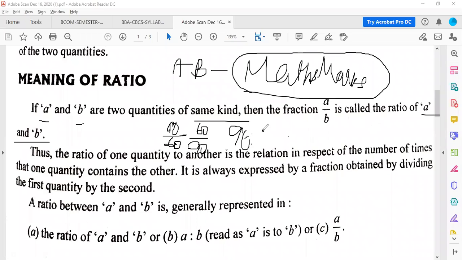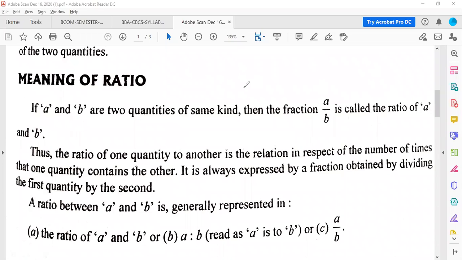When you put a colon, two dots, it is read as "is to". This is how you represent a ratio. When A and B are two quantities of the same kind, then the fraction A by B, that is 90 by 60 in our example, is called the ratio of A and B.